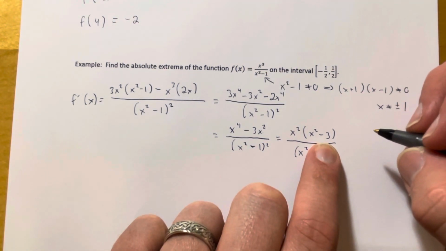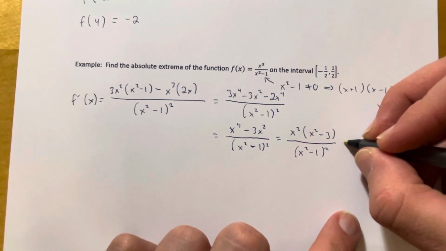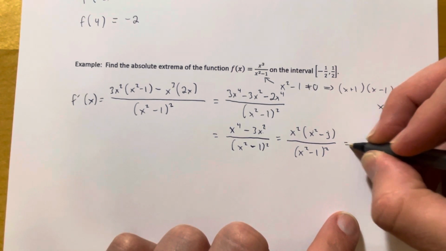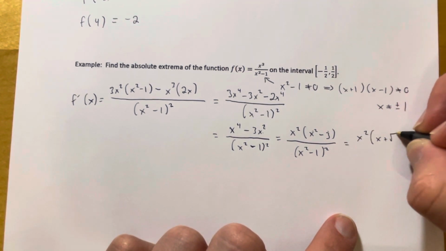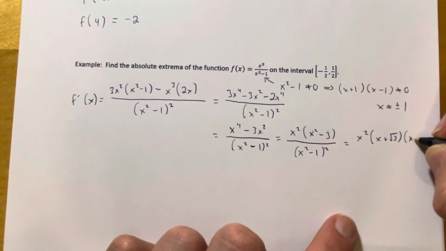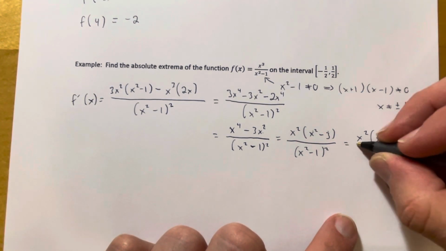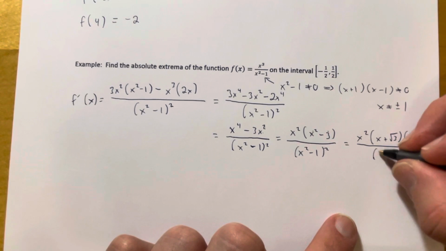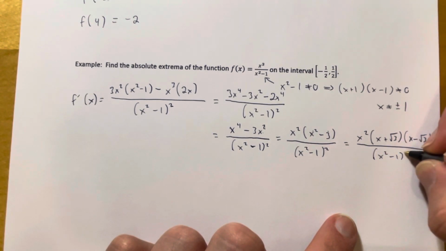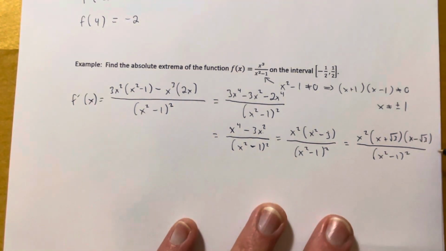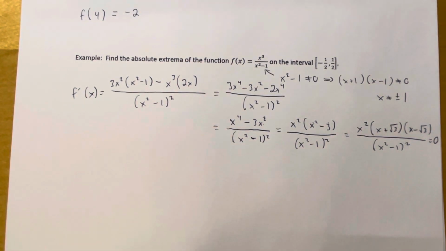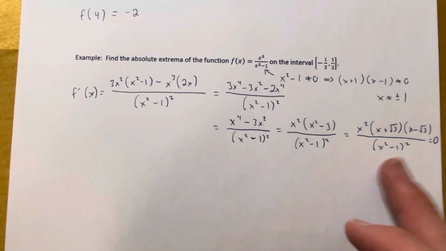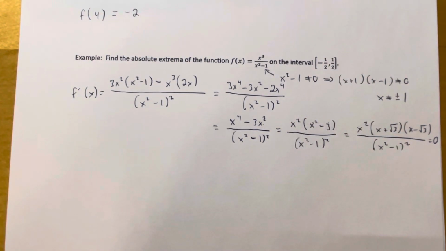Even though that number 3 right there is not an actual perfect square, I can still think of this as a difference of squares and factor it as x plus root 3 times x minus root 3, over x squared minus 1 squared. So again, remember, we want to set that equal to 0 and solve it, because those are the only kind of critical values I'll get out of this function, since this function is defined everywhere in this interval and it's continuous there.